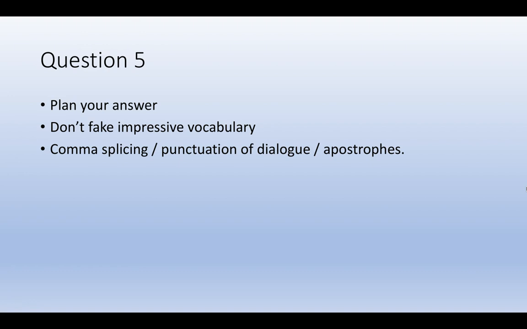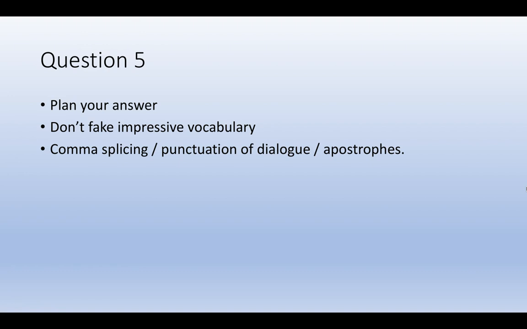In terms of technical accuracy, we saw 3 things: comma splicing, punctuation of dialogue, and incorrect apostrophes. Now, comma splicing is where a comma is used to divide 2 complete sentences, and that is something I see in probably 90% of students' work. Deep down you can tell some punctuation is needed, but you can't quite work out what it is.